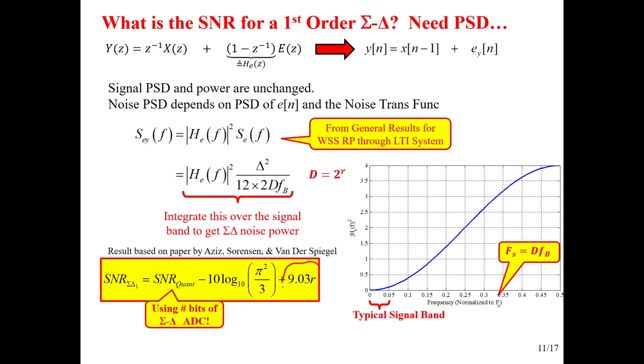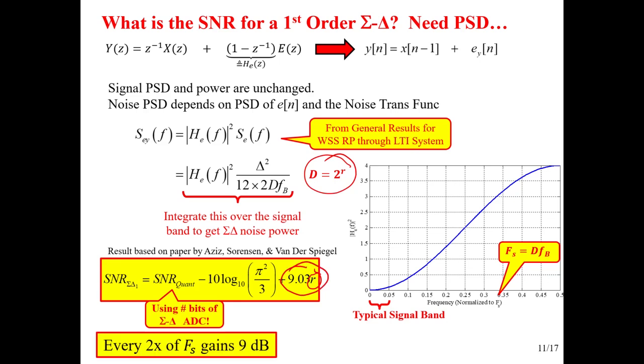Here's the trade-off for that R. Remember, for analysis purposes, we're looking at the case where we set the oversampling factor D to a power of 2. It doesn't have to be, and R doesn't have to be thought of as an integer in this case. But for every integer change, for every doubling of my sampling rate, I'm now going to get a 9 dB improvement. That's pretty good. But we have to look.